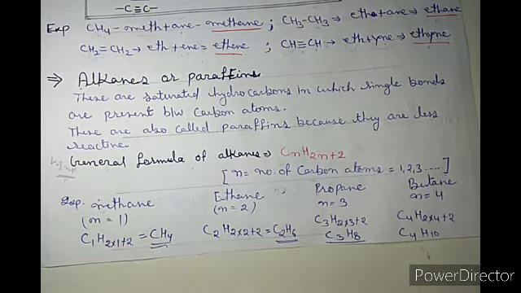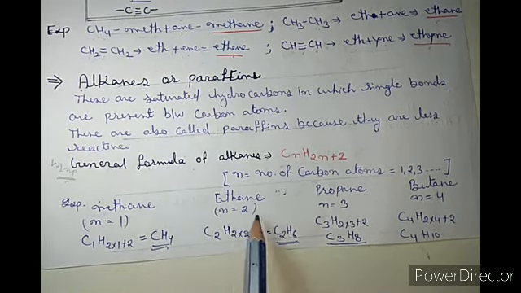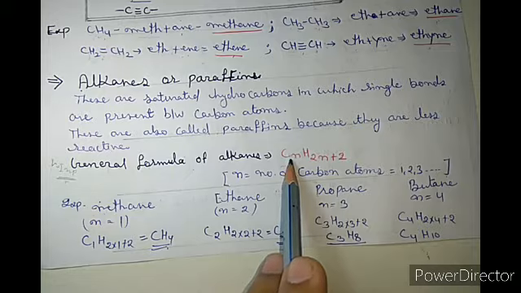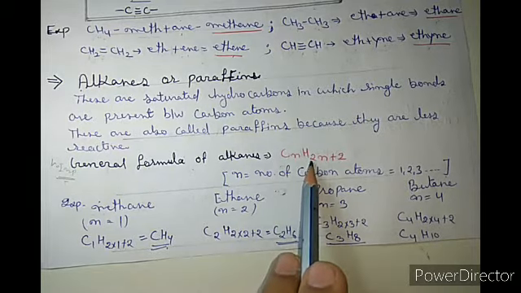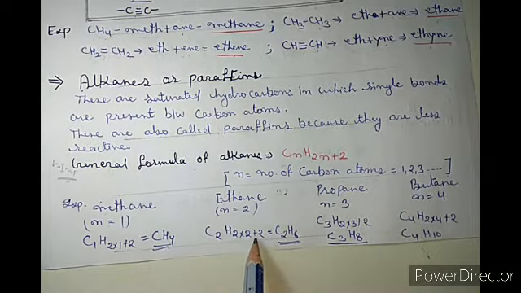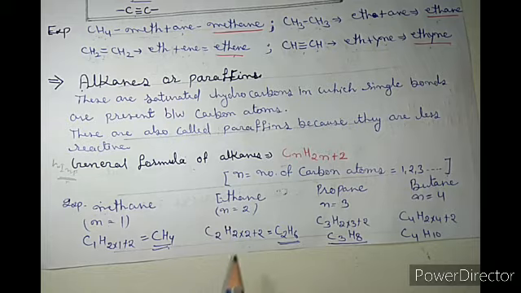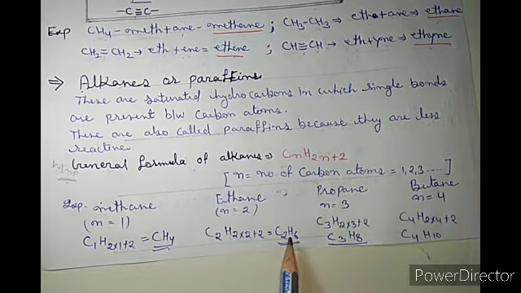Similarly, for ethane, eth means the number of carbon atoms is 2, so the value of n is 2. When we put the value 2 in this formula, it becomes C2H(2 into 2 plus 2). Sorry, that is 2 into 2, 4, plus 2, that is 6.